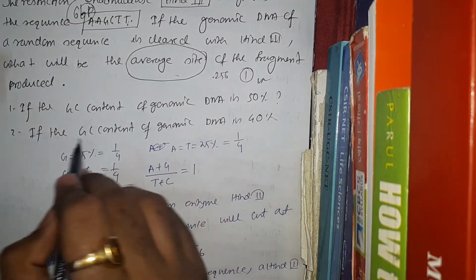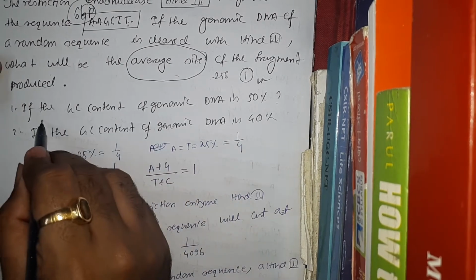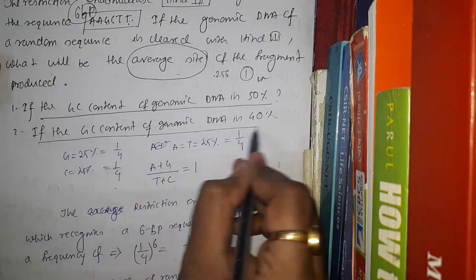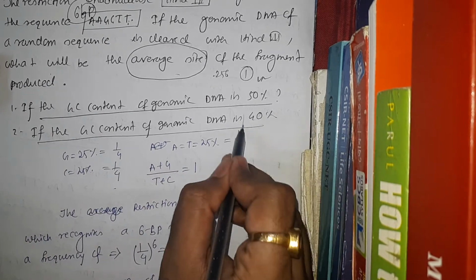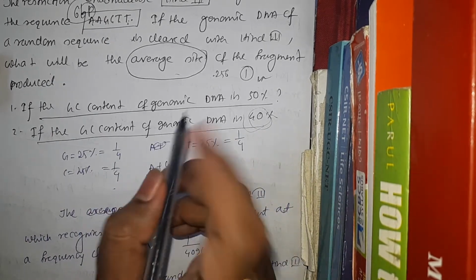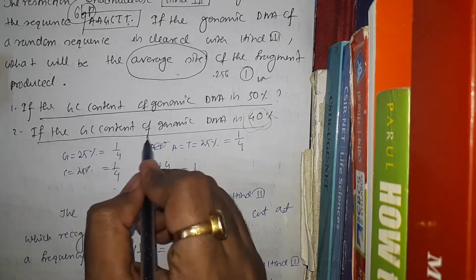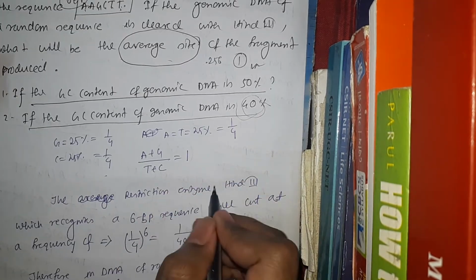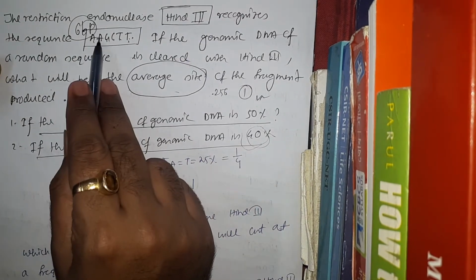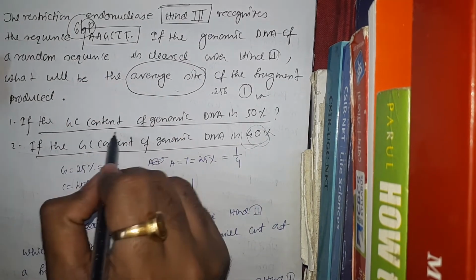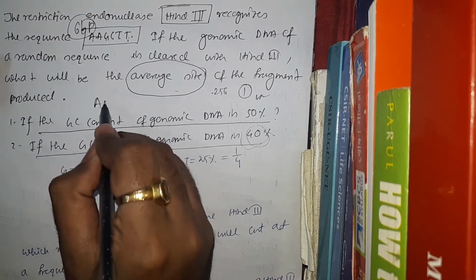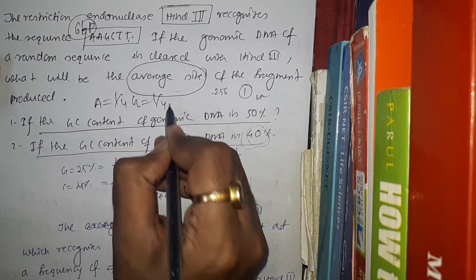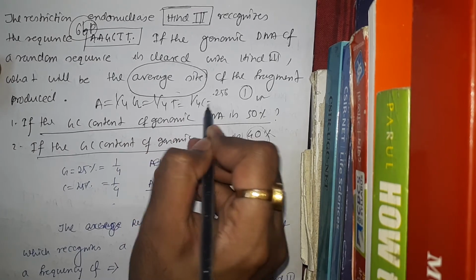They also provided that the GC content of genomic DNA is 50%, or that the GC content of genomic DNA is 40%. That means they are simply telling us about different compositions. In case of GC content 50%, and since they are asking about 6 base pairs, A will be 1 by 4, G will be 1 by 4, T will be 1 by 4, C will be 1 by 4.